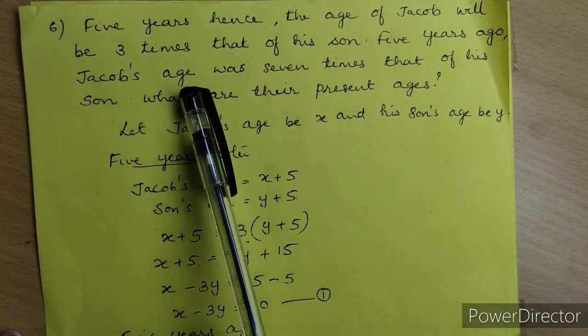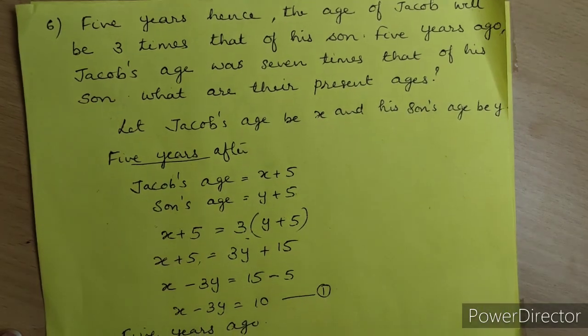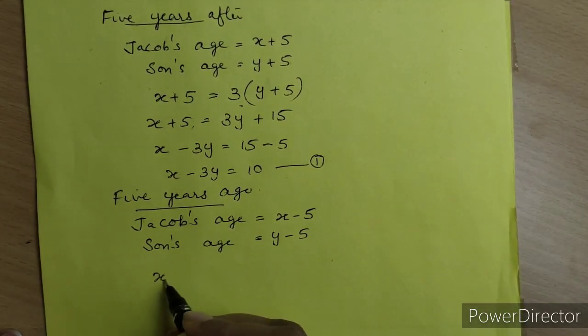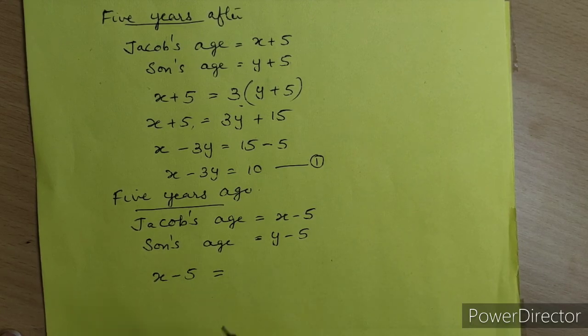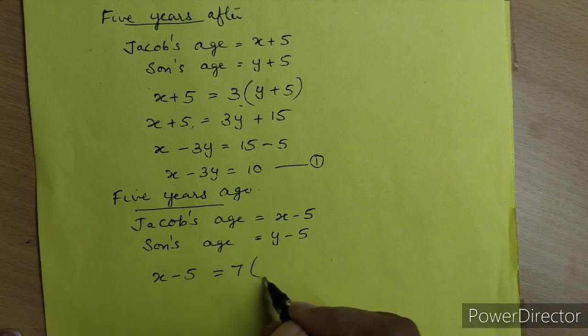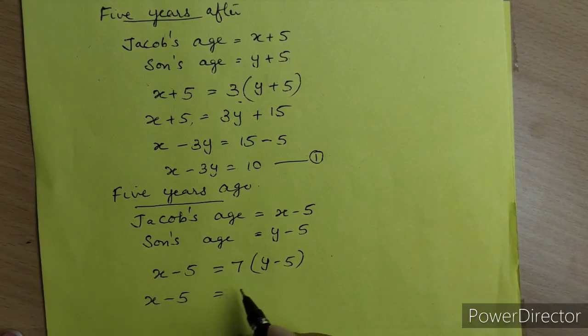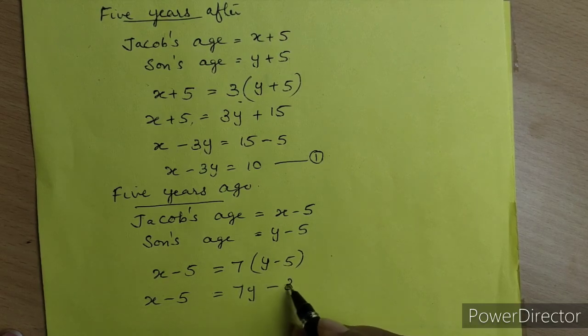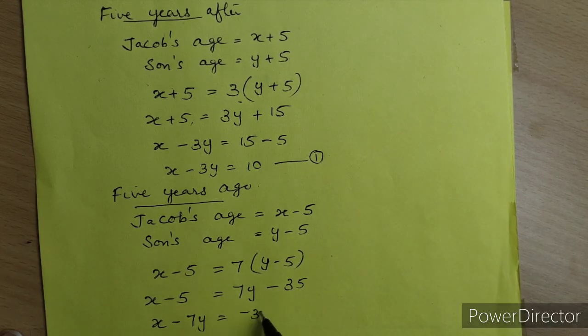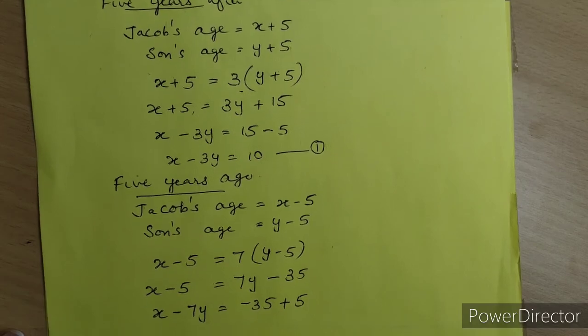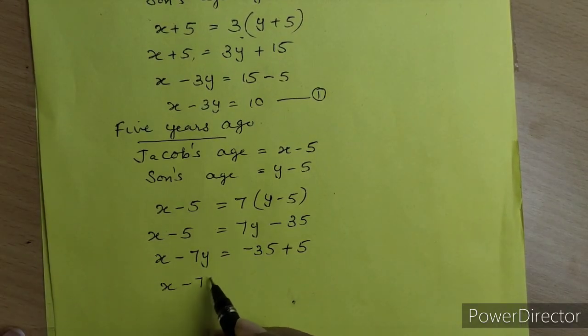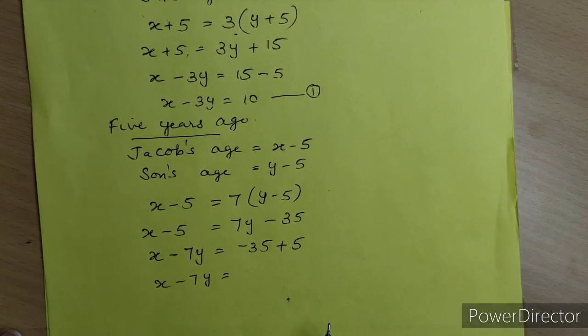5 years ago Jacob's age was 7 times that of his son. So first Jacob's age, that is x minus 5, equals 7 times, 7 into son's age, y minus 5. Open the bracket and make it in the equation form, 7 into y, 7y minus 35, or x minus 7y, you bring it to the other side, change of sign, equals minus 35, change of sign again for the negative 5, it will change to plus 5, or x minus 7y equals negative 35 plus 5.